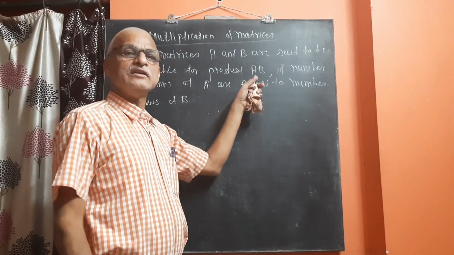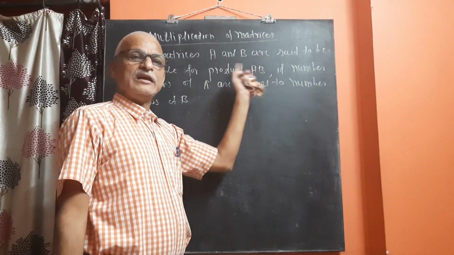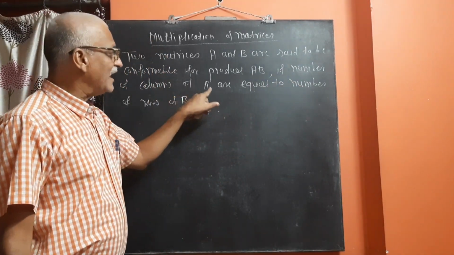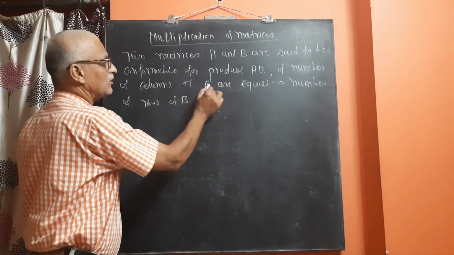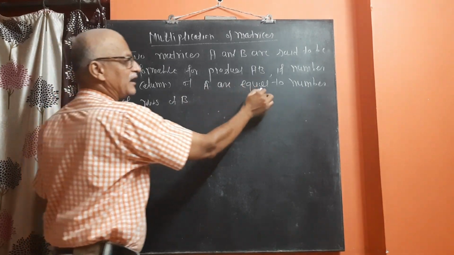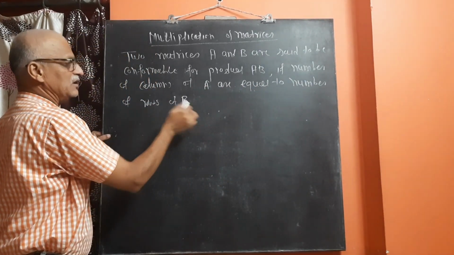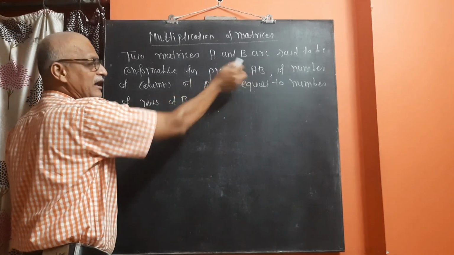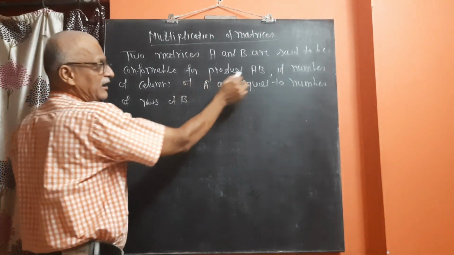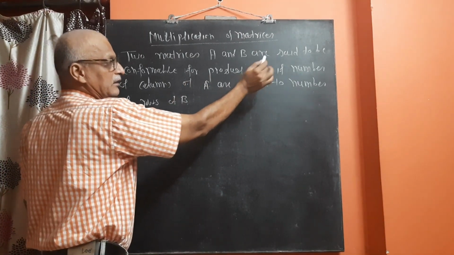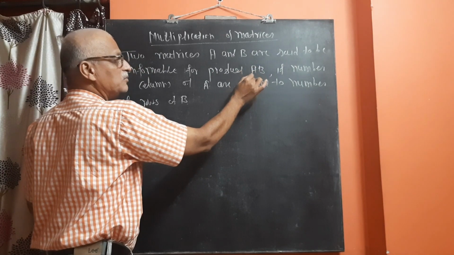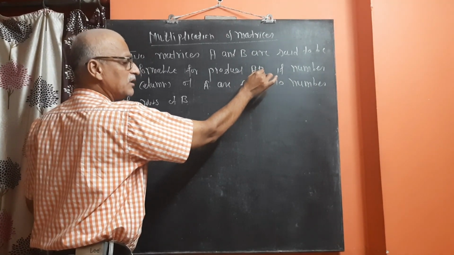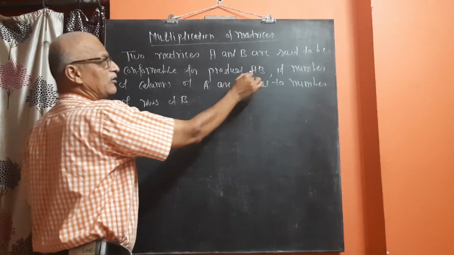The simple meaning is that we can find out the product AB, A into B, if the number of columns of A are equal to the number of rows of B. This is the must required condition for the product AB. I repeat again. To get the product AB, the number of columns of A must be equal to the number of rows of B. Then and only then we can find out the product AB.